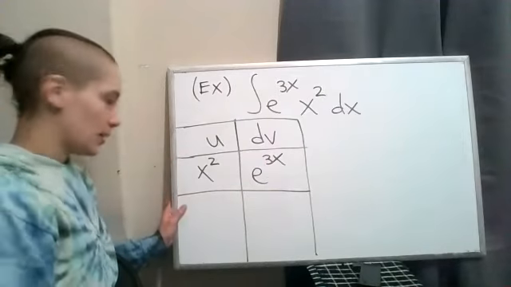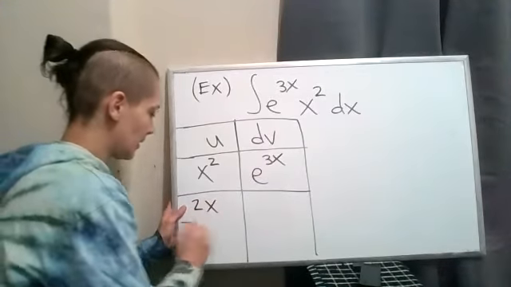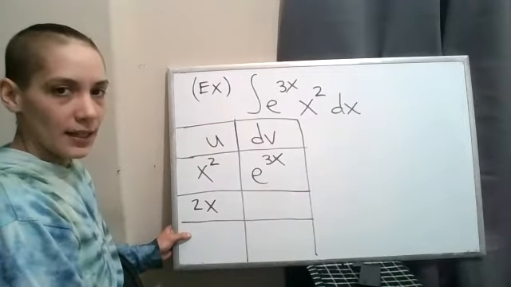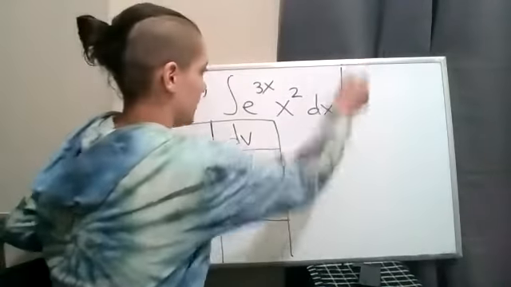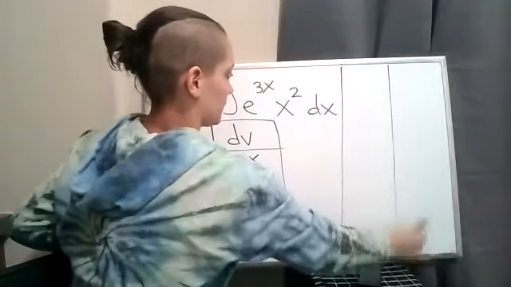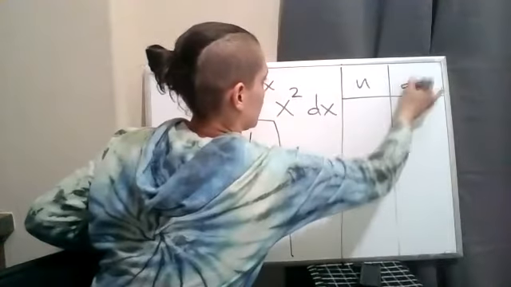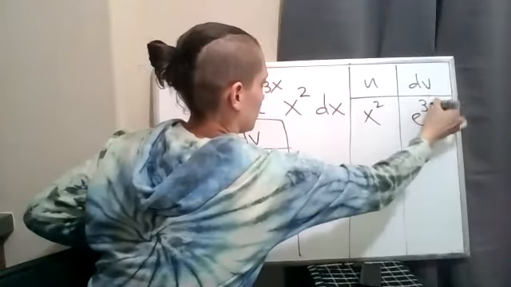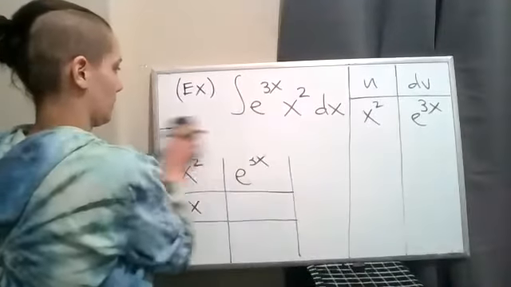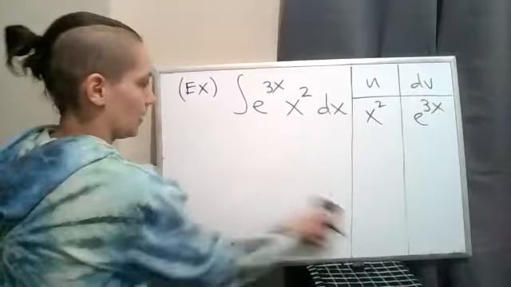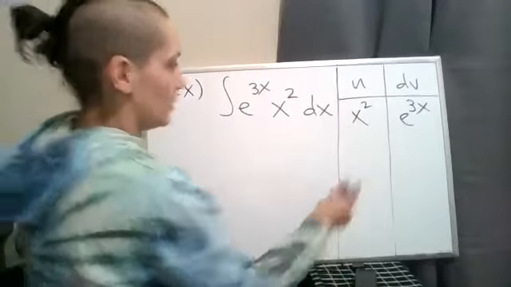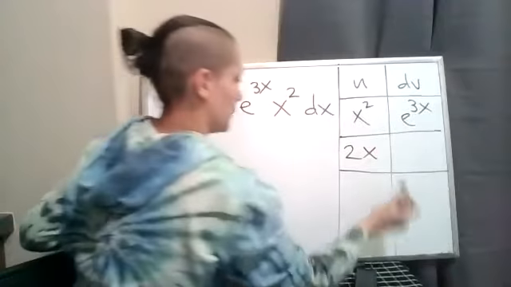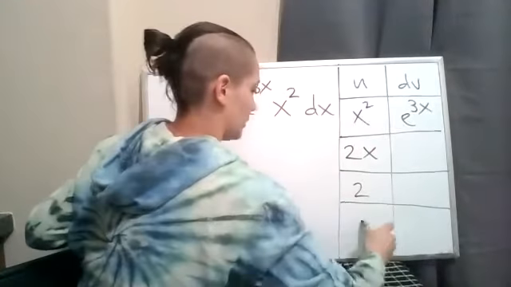So the first derivative is 2x. And then the derivative again is going to give me 2, and then one more time will be 0.